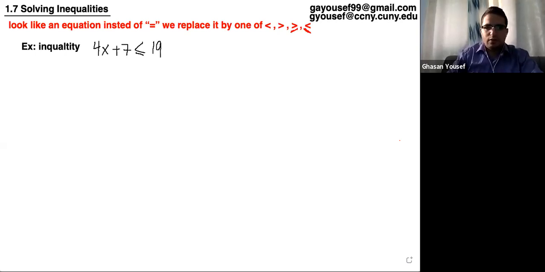So this is an inequality. Why? Because it looks like an equation, but instead of the equal sign, we use less than or equal, this sign.